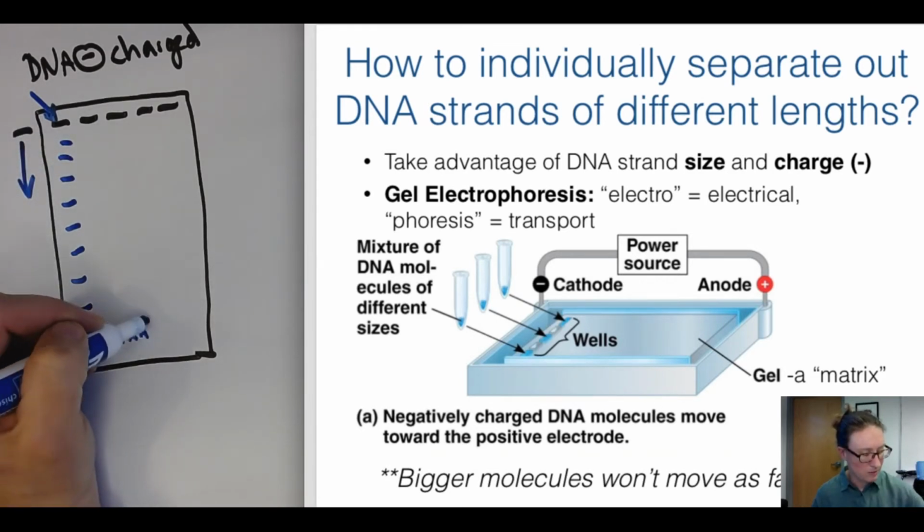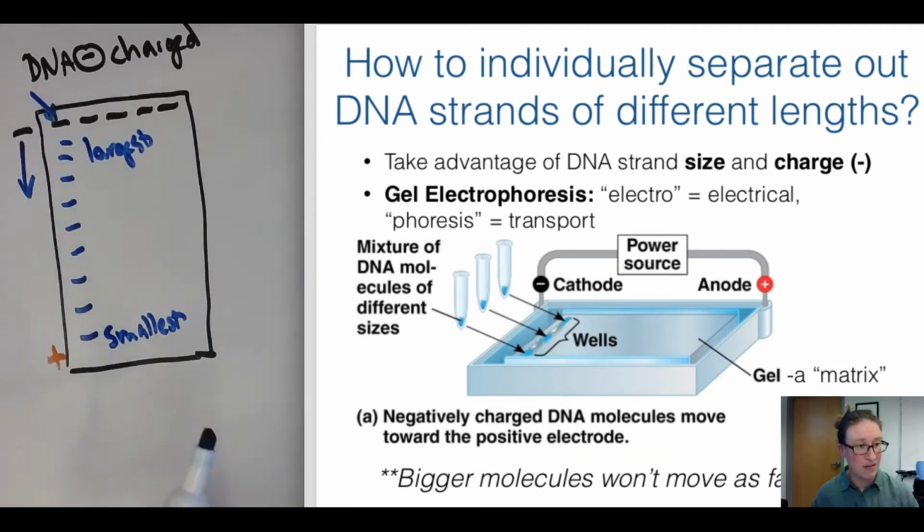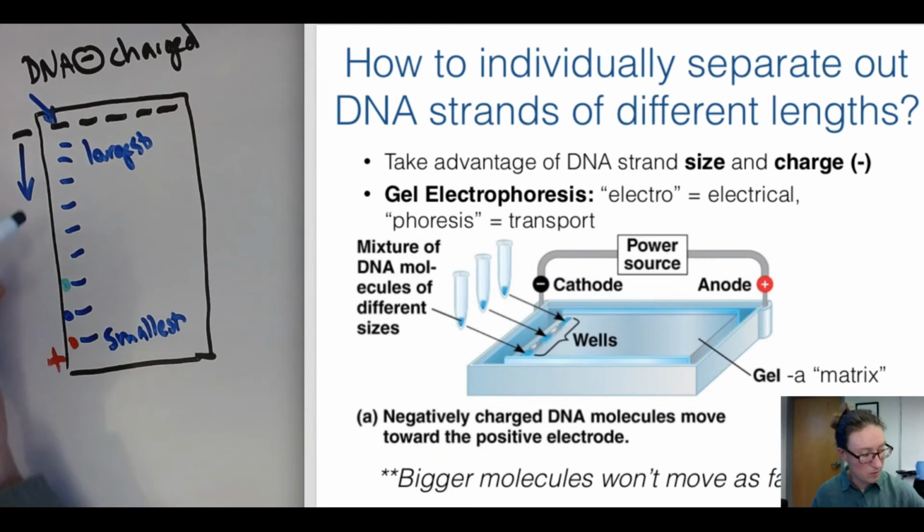And so your smallest pieces will be down here, your largest pieces will be up here. And you can look at the color that shows up at each of these points. And that will tell you the sequence of bases, right? Because these are in order. So that'll tell you the sequence of bases in the DNA molecule of interest.